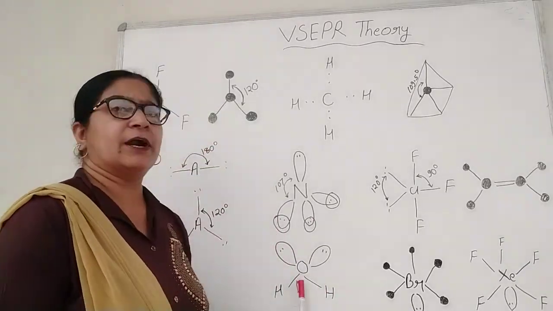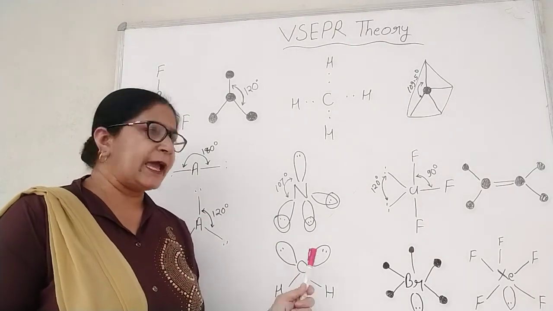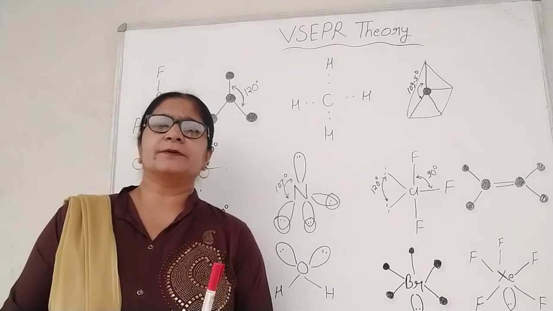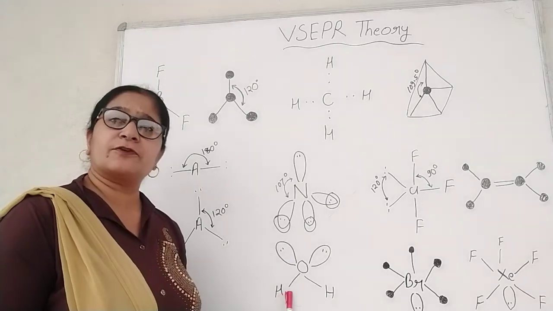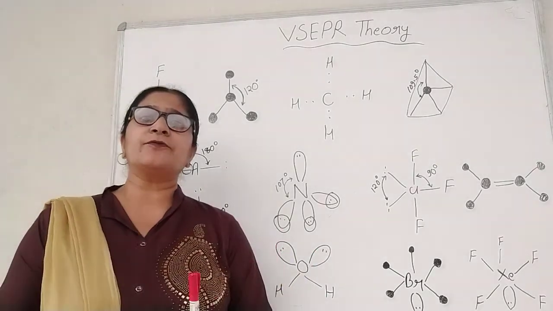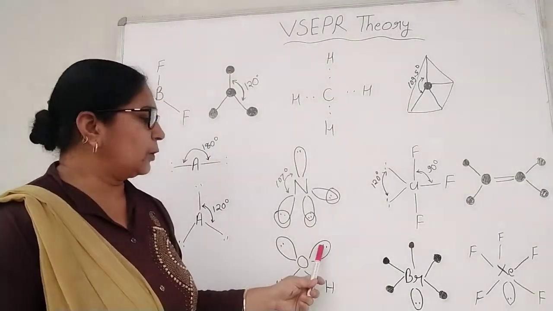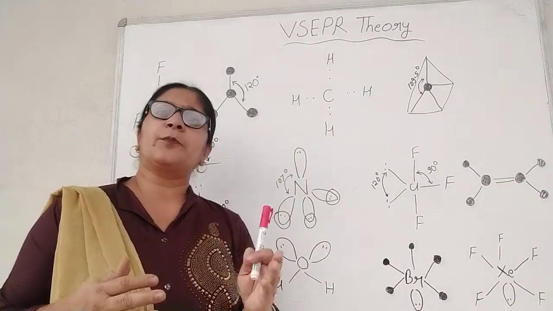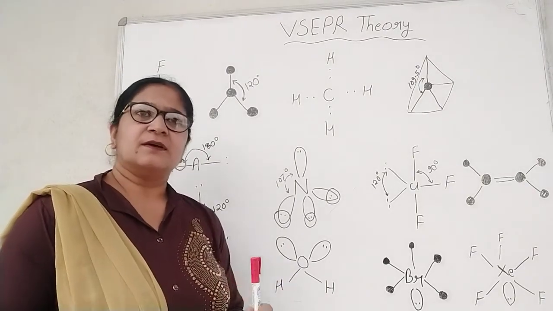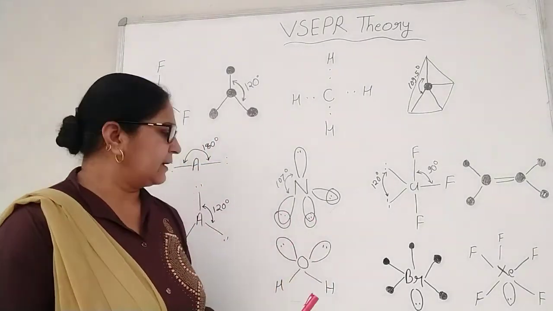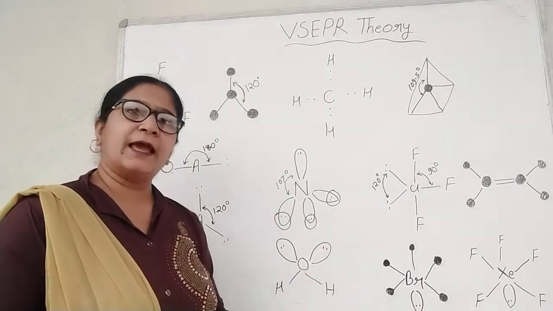Like that, in a water molecule, the central oxygen atom has four pairs of electrons: two bonded pairs and two lone pairs. We have seen that repulsion is highest between lone pairs, then lone pair and bond pair, and then bond pairs.